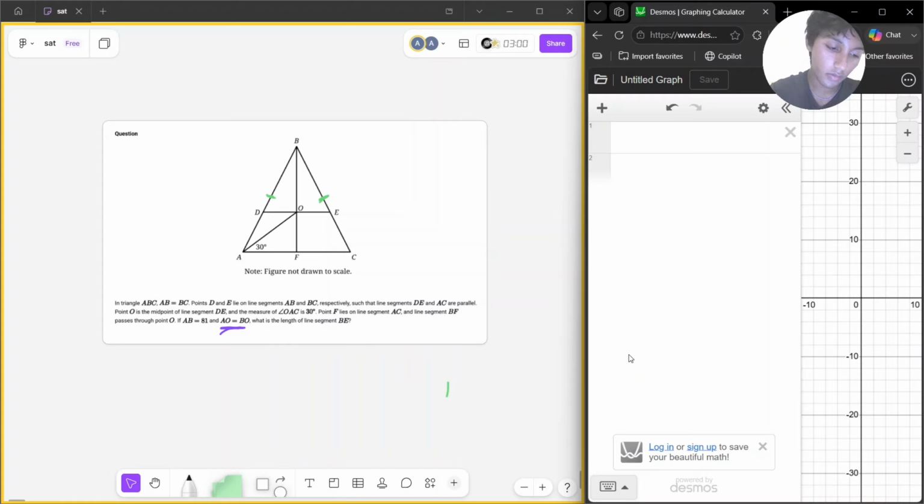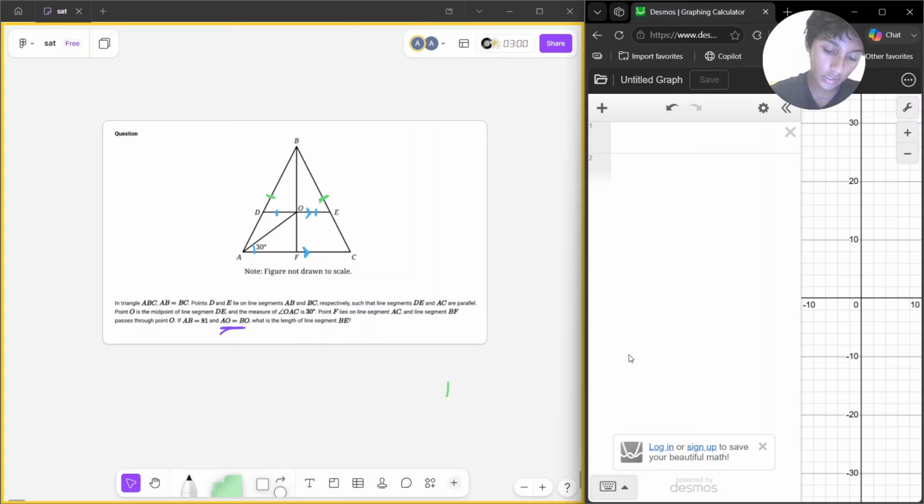So these two are parallel. We also know that O is the midpoint of line segment DE, so that means these two are equal. And the measure of OAC is 30.